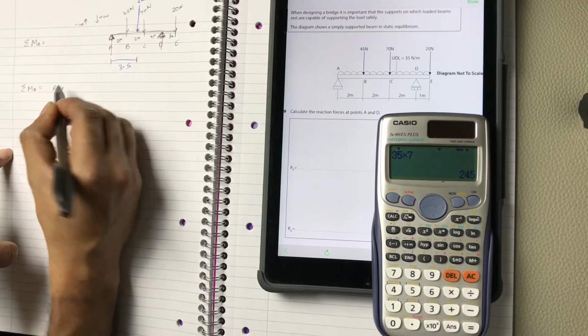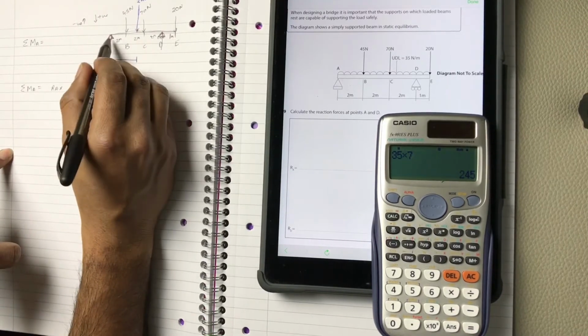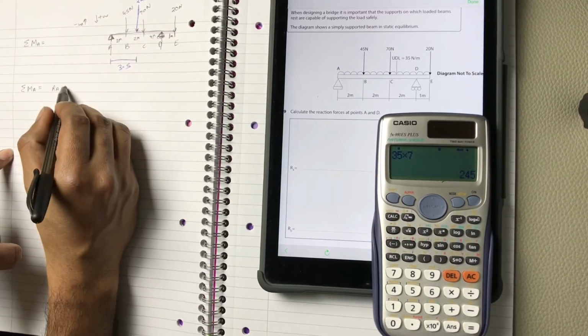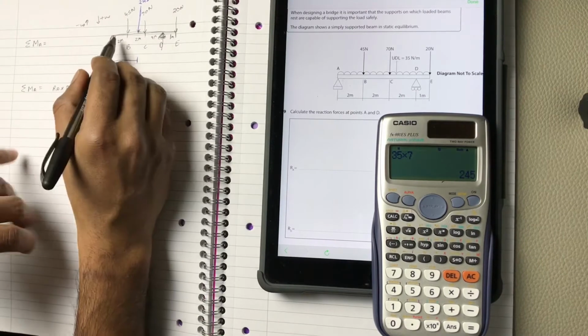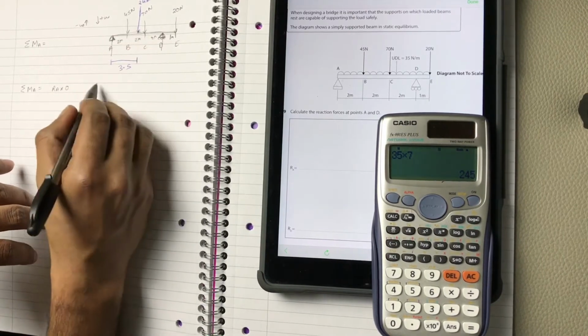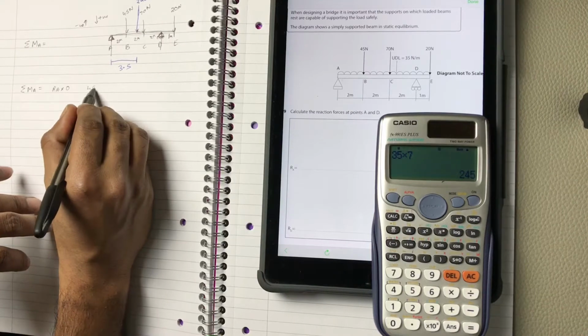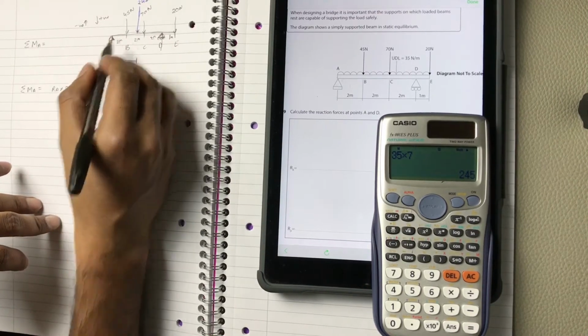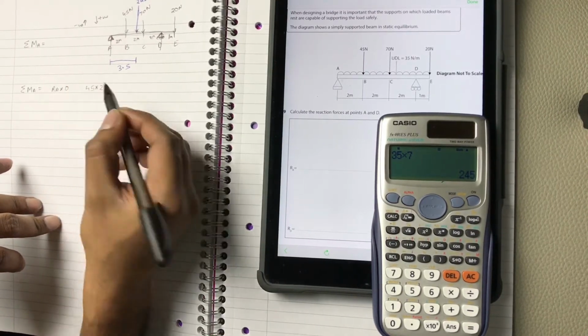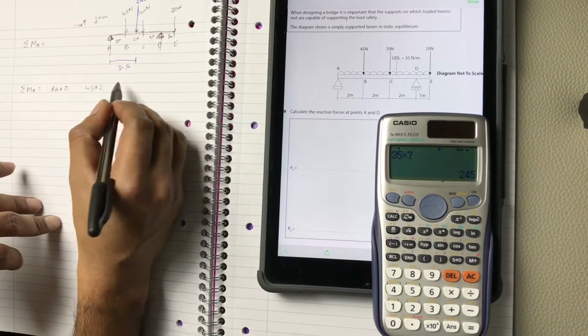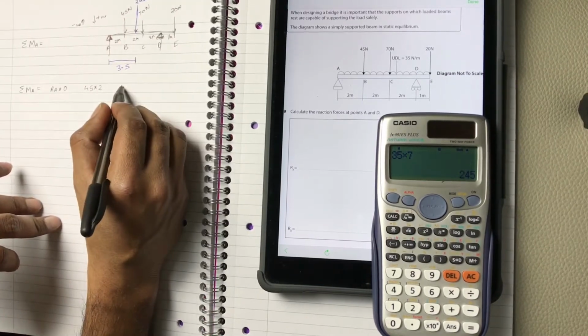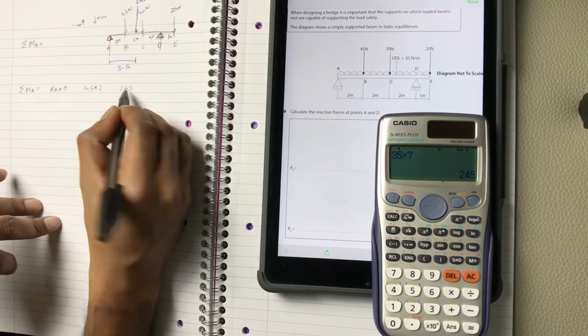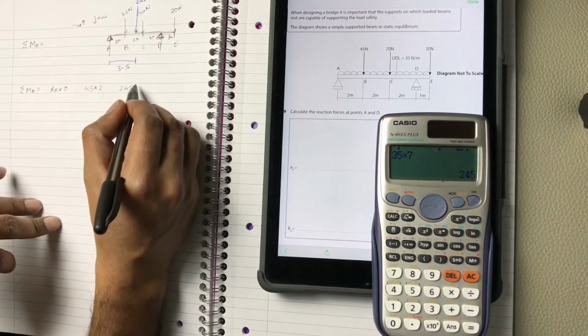Taking moments, the first force is Ra, and it is multiplied by the perpendicular distance. Since it is at the same point, my distance will be 0. The second force is 45 Newton, so that's 45 times a distance of 2. The third force is 245 Newton at a distance of 3.5.